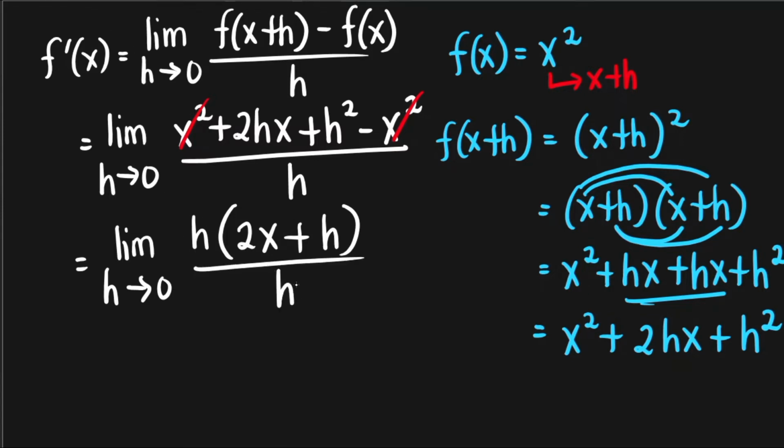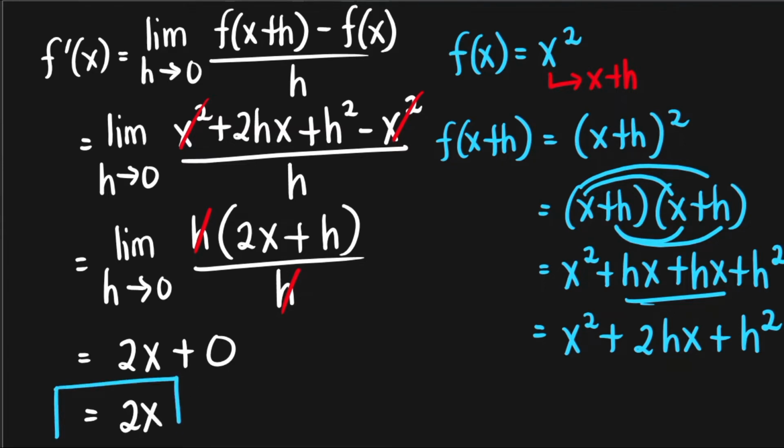H divided by h is 1, so we can cancel these values. To find the limit, we will substitute the value 0 to the variable h. Now 2x plus 0 is 2x. Therefore, this is the derivative of x squared.